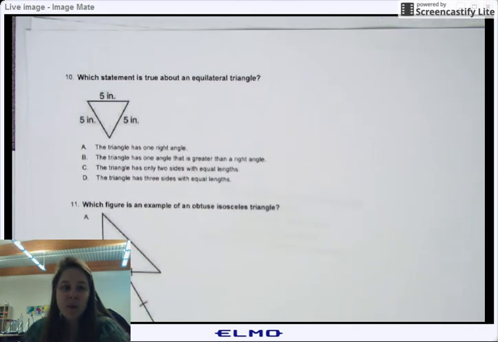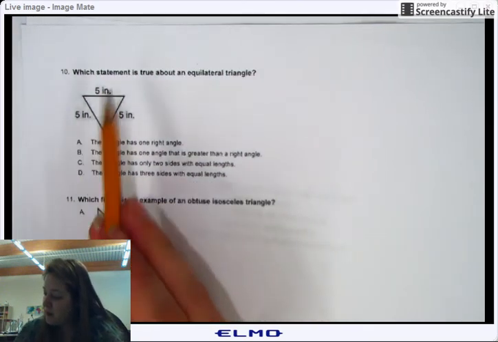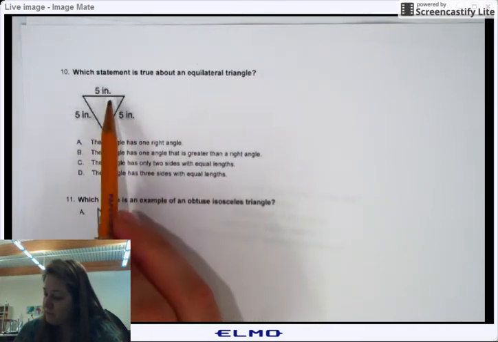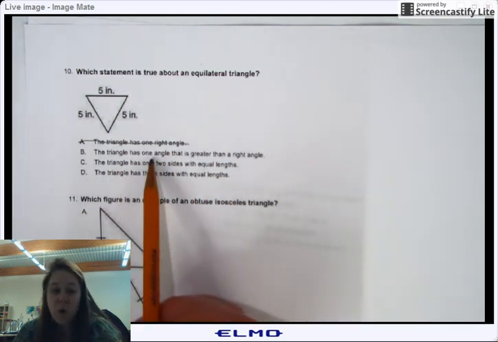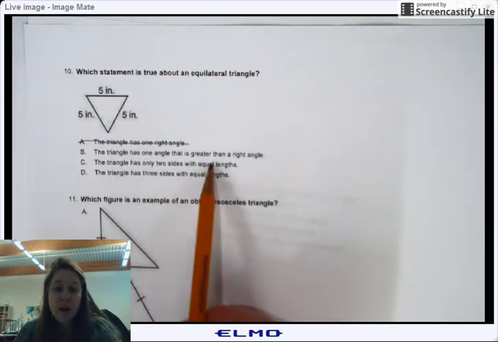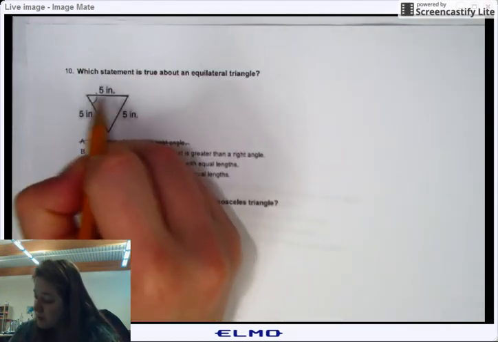Okay, looking at question number 10. Which statement is true about an equilateral triangle? A triangle has 1 right angle. Do you see any right angles here? Okay. A triangle has 1 angle that is greater than a right angle. Remember what did we say about this?